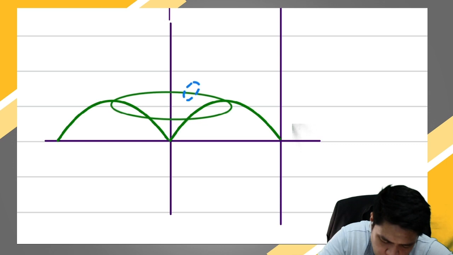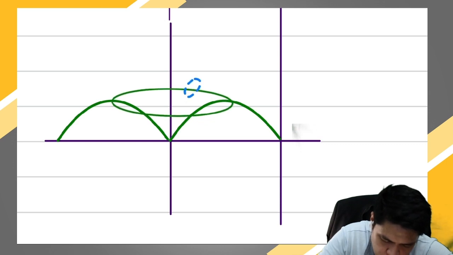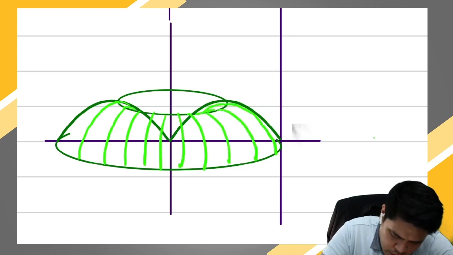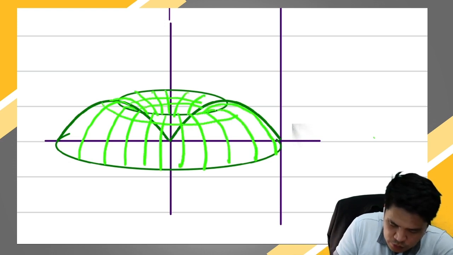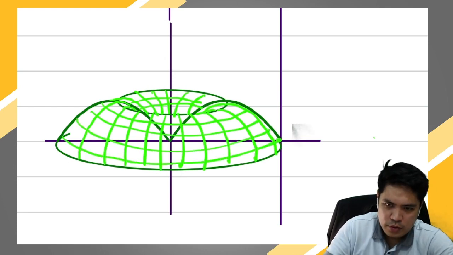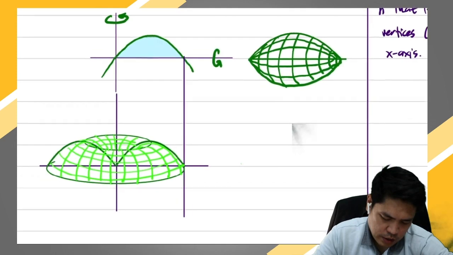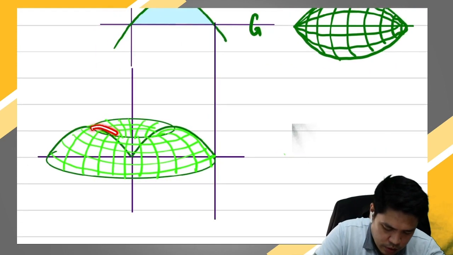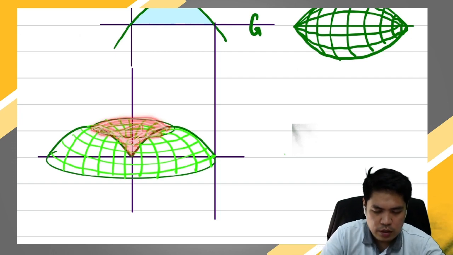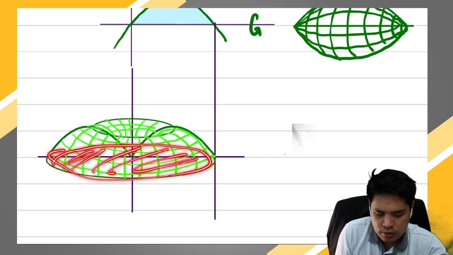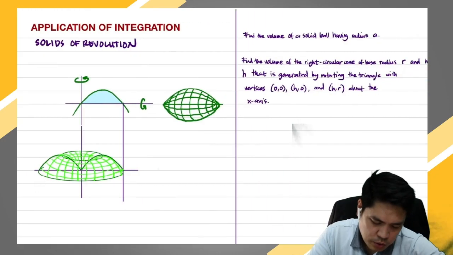Again, not drawn perfectly, but I'm trying to make this as accurate as possible. So the shape is like this, like a gulaman. It would look like a solid like that. The hole is like a vortex here, then the surface is flat at the bottom. Okay? I hope you can imagine.